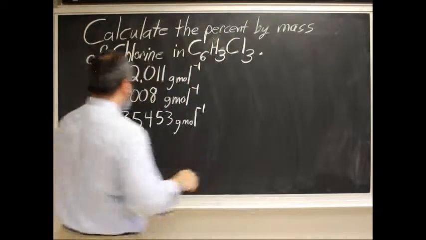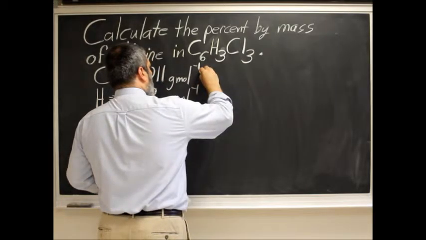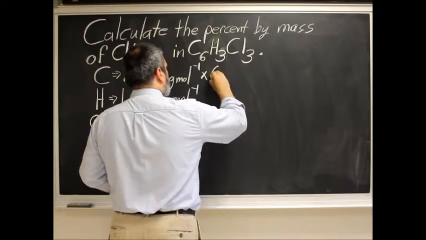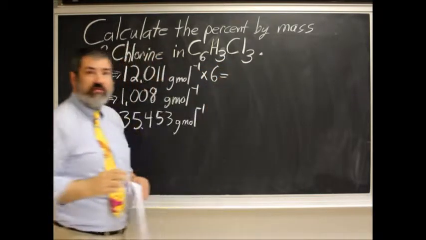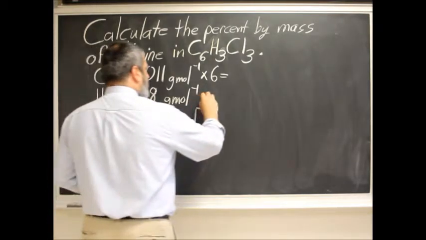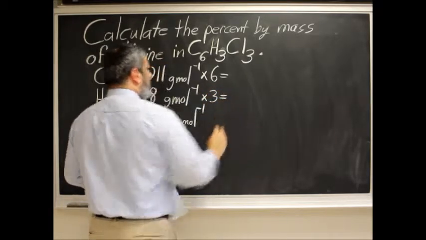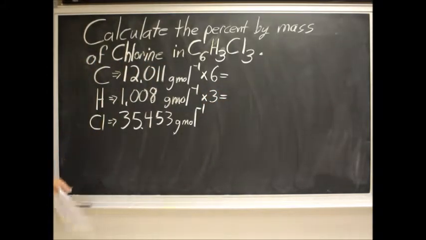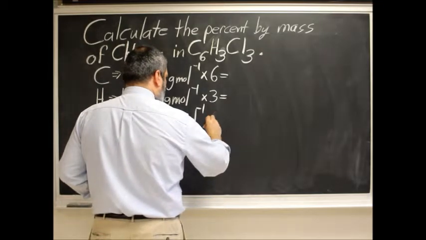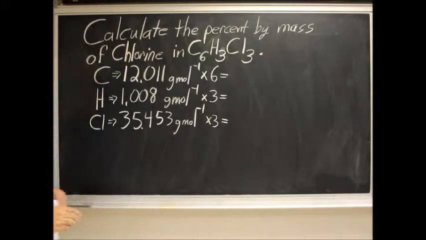So, we have 6 carbon atoms, so it's going to be that value times 6. We have 3 hydrogens, so it's going to be the molar mass of hydrogen times 3. And we have 3 chlorines, so it'll be the molar mass of chlorine times 3.